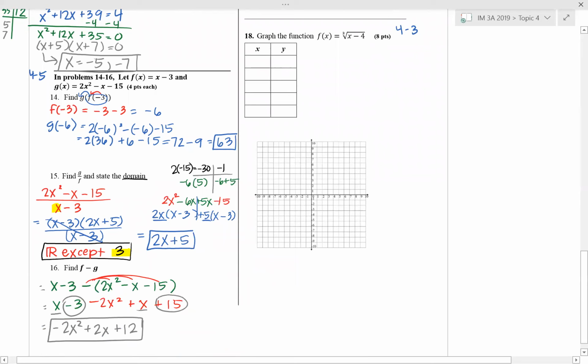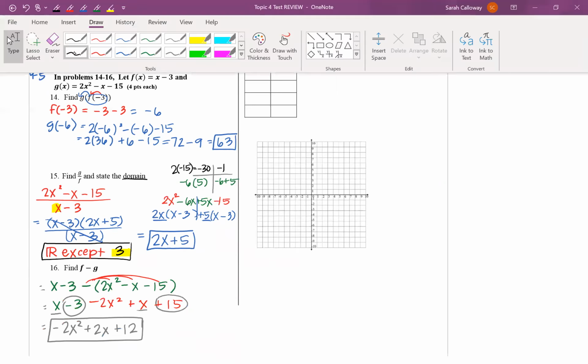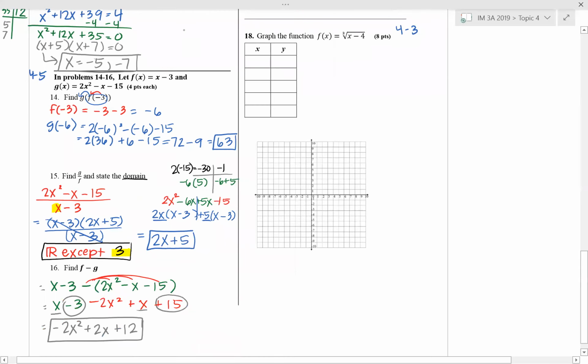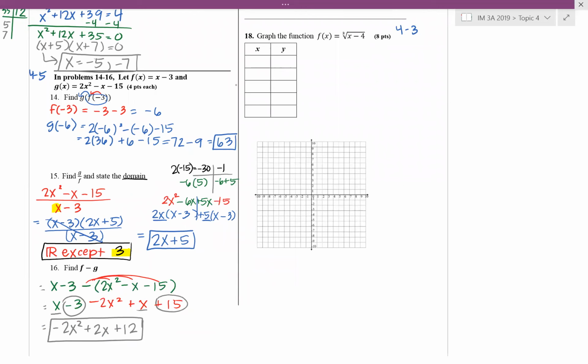For 18, I think it's easier to just look at it in terms of what makes the perfect cubes. So for the middle piece, that's where our 0 is.